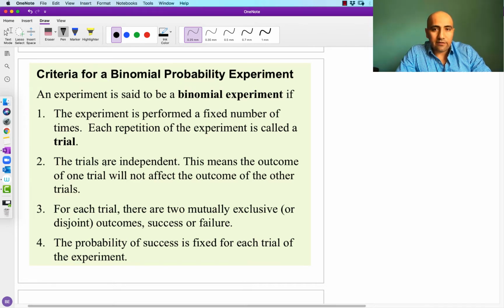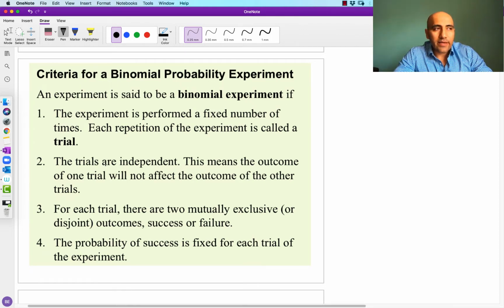So we have to be careful that the situation is either you make it or you miss it. It's either top or bottom. It's either a yes or a no, right? You cannot look at a situation where there are 3 possible outcomes or more, right? We can't have ambiguity. It's either yes, no, success, failure, you made it, you didn't make it, it turned on, it was off, right? So just 2 possible outcomes that are mutually exclusive from each other, right? No overlap.